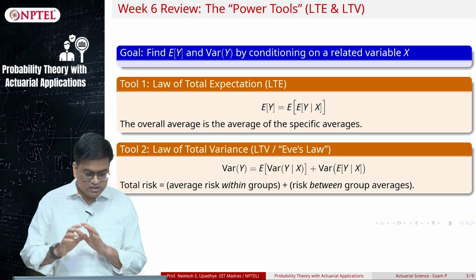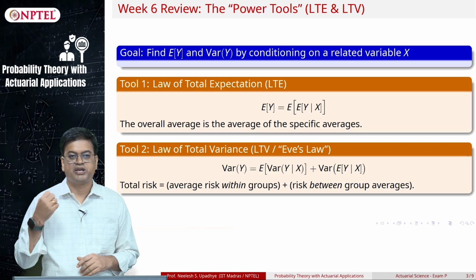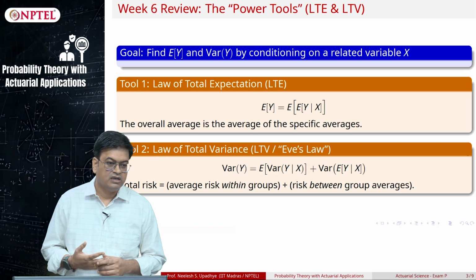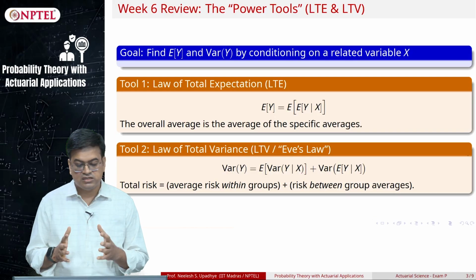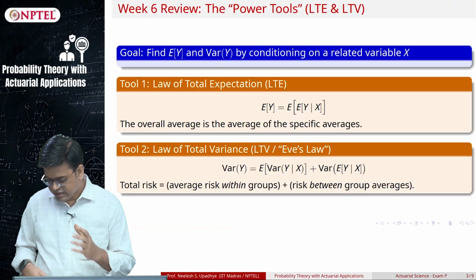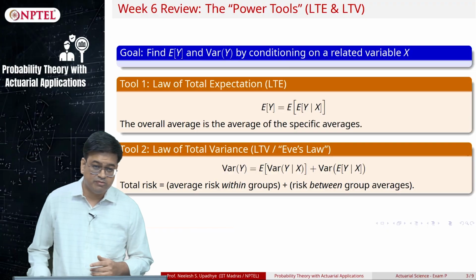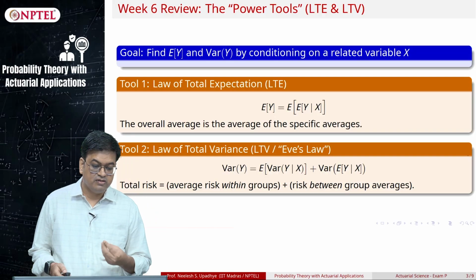So this is a wonderful toolkit that we have, the law of total expectation and the law of total variance. Now how will I apply these toolkits? That is where we developed some probability models. Typically I showed you one model which is a random sum, another one is a mixture model, and that is what we did in week 6.